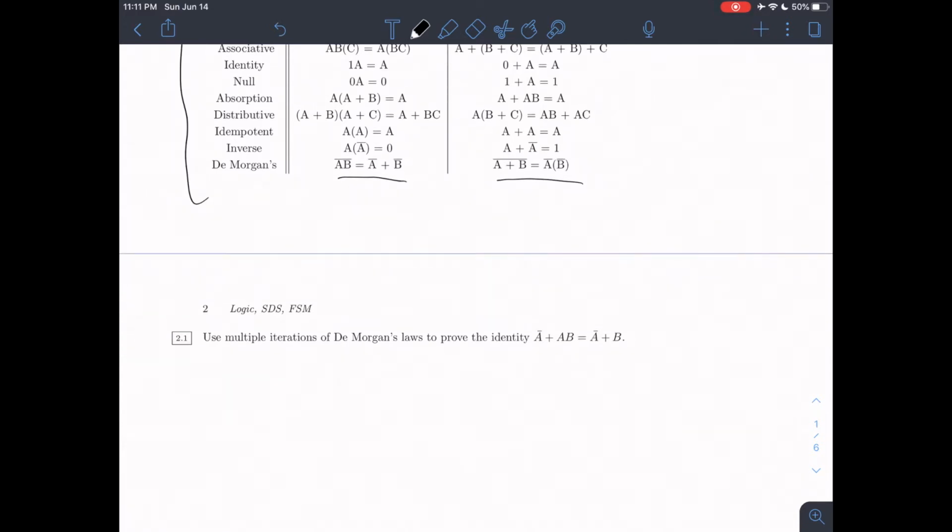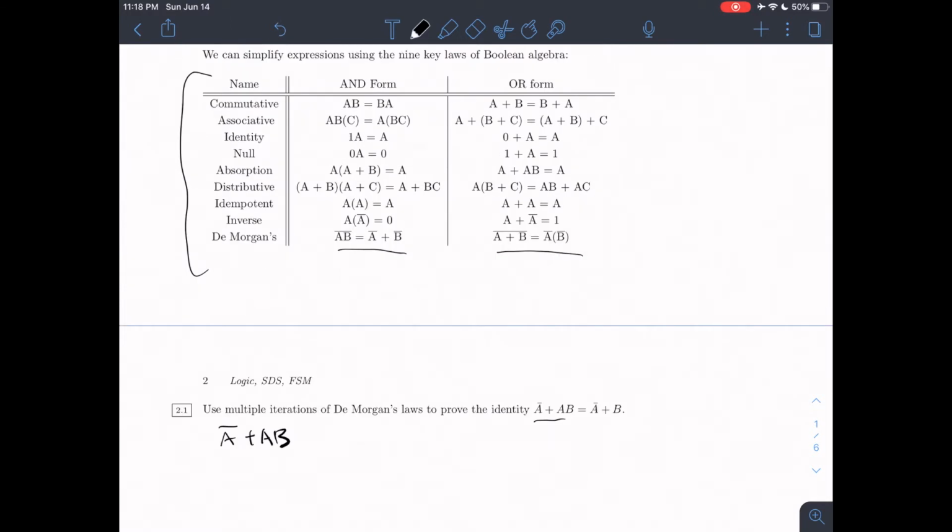So on the left-hand side, let's start off with this equation. Not (A plus not A B). Then we're going to use De Morgan's law in the AND form.